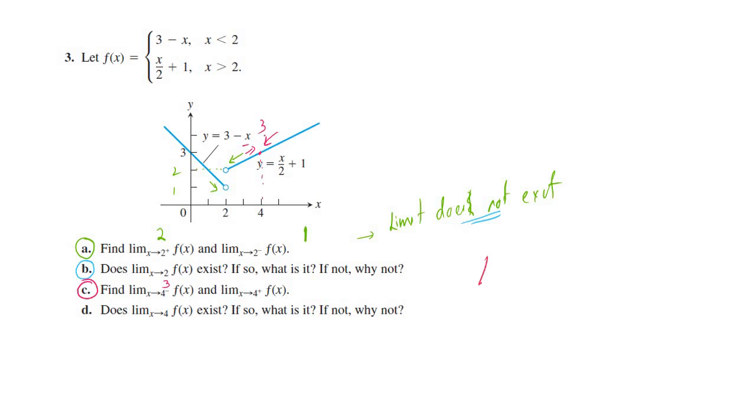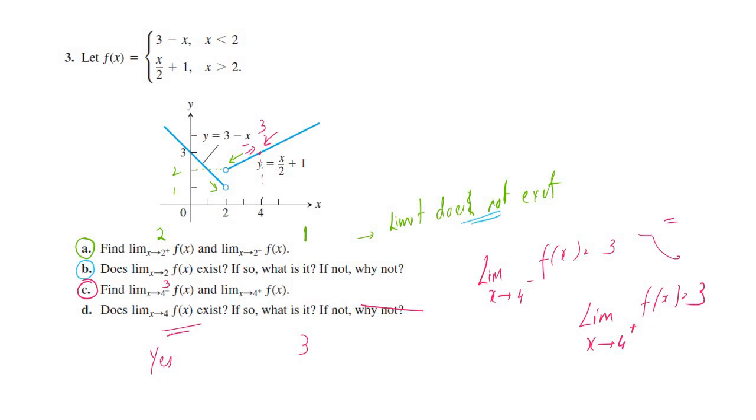So let me write that: the limit as x tends to 4 from the negative side of f(x) is equal to 3, and the limit as x tends to 4 from the positive side of f(x) is also equal to 3. Does this exist? Because they are equal, yes, the limit exists at x equals 4 and it is 3.